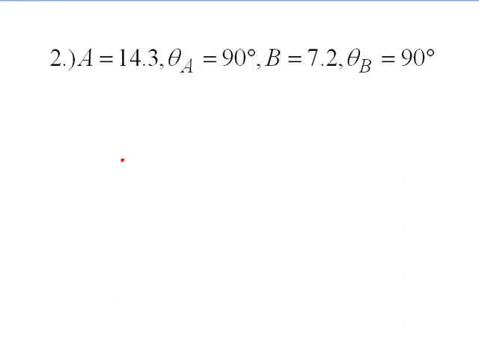Okay, here's our first one. What we've got is angle A at 90 degrees. So this is at 90 degrees, and it's 14.3. Now angle B is also at 90 degrees, and it's 7.2.